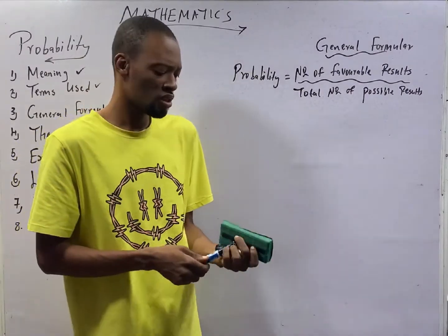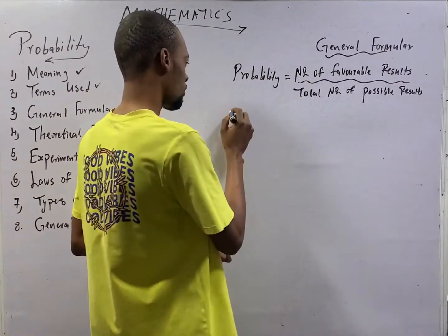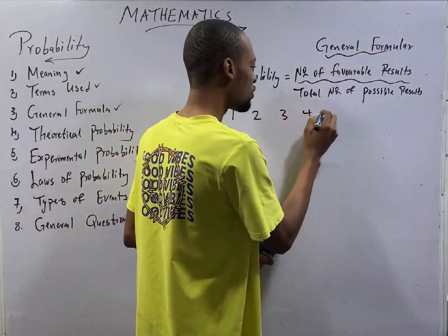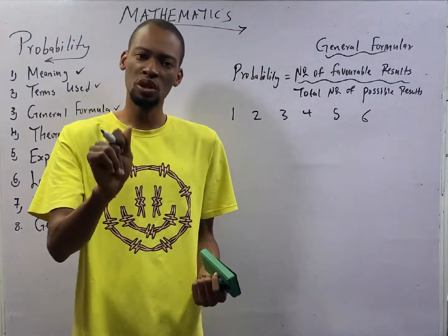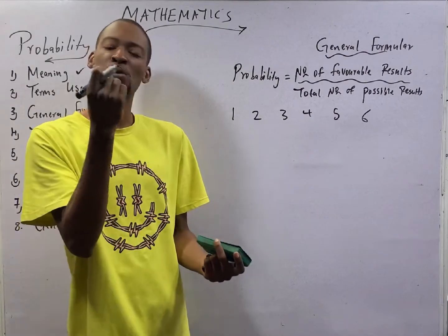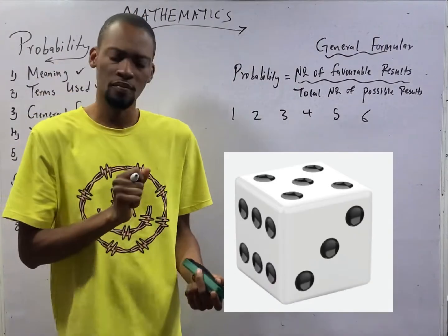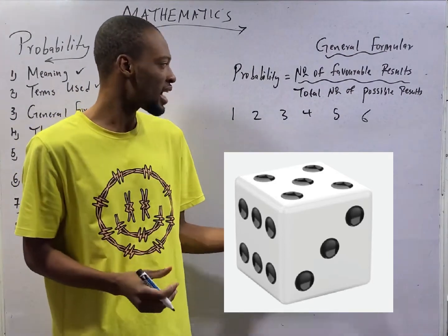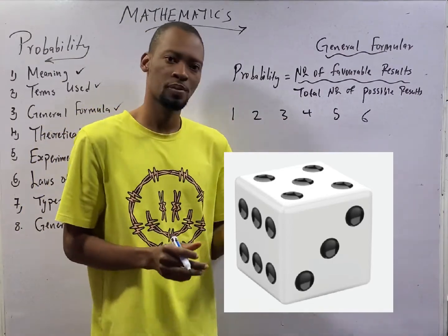If throwing a die will give you 1, 2, 3, 4, 5, 6. If you've played Ludo before, all those small seeds, that die, once you drop it, the outcome or the sample space is 1, 2, 3, 4, 5, 6.